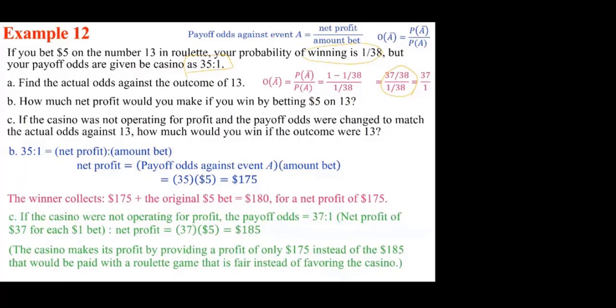But the way we want to represent that, instead of saying 37, for part A we say 37 over 1 or 37 to 1. They want us to show it in one of these two formats instead of saying 37. So that means we get 37 times as much. Does that answer your question?